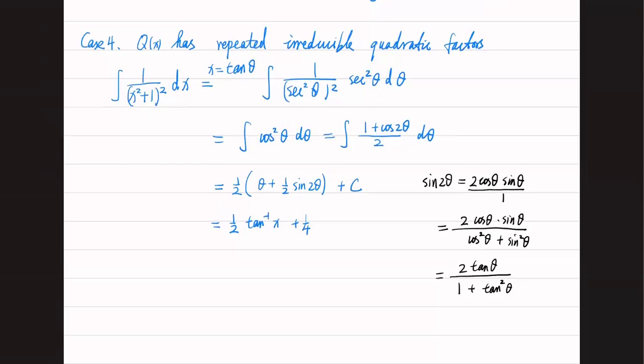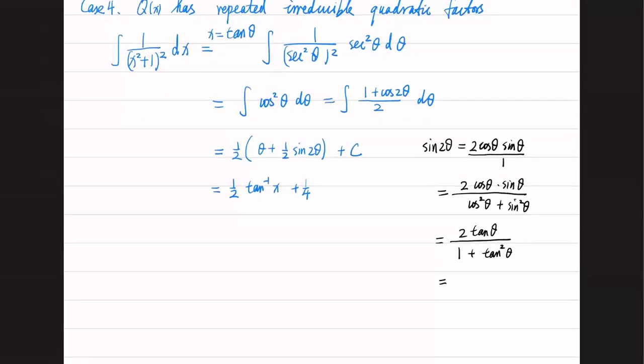Now we have what we want for x. It will be 2x. So we can switch back to x.